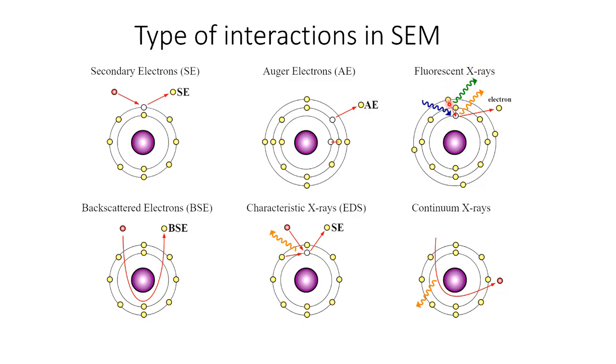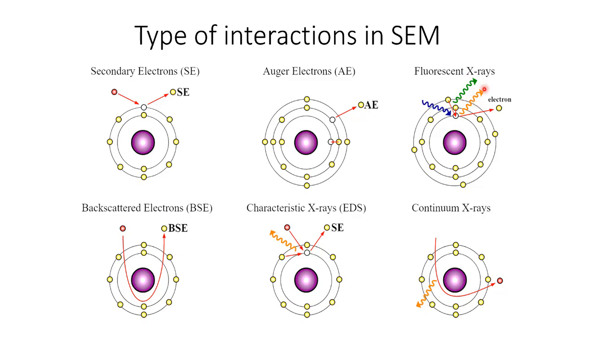This is the characteristic X-ray. When we knock out a core shell electron, one of the electrons from the other shell will jump to fill this gap, and while jumping it will emit some of its energy. It releases the energy in the form of X-ray, which is detected with the help of a detector.